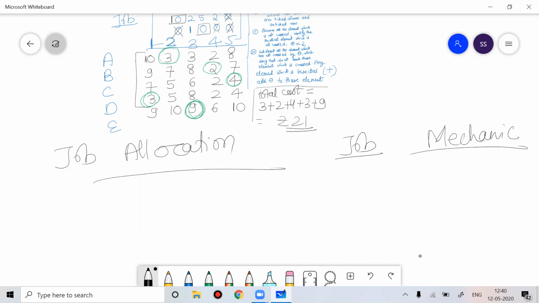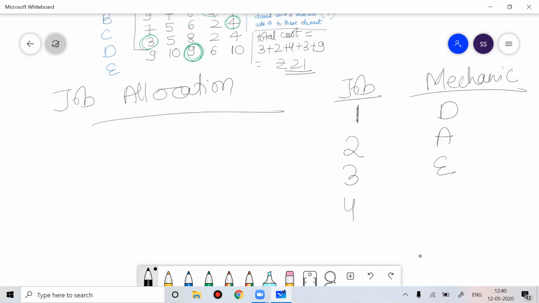Job 1, which mechanic got it? D. Job 2, which mechanic got it? A. Job 3, which mechanic got it? E. Job 4, which mechanic got it? Mechanic B. Job 5, which mechanic got it? Mechanic C. And your total cost is 21 rupees.